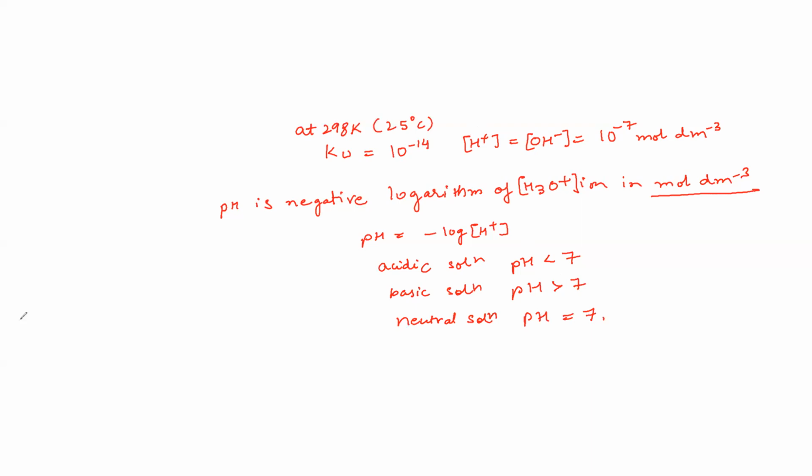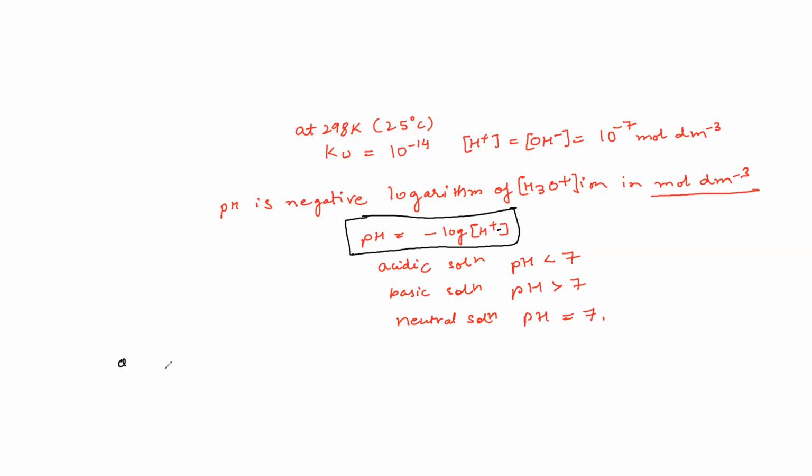Okay, I hope this is clear. So just remember this formula for pH, and remember that concentration should be in mole per decimeter cube. And mole per decimeter cube is molarity. Basically, you have to consider the molarity.